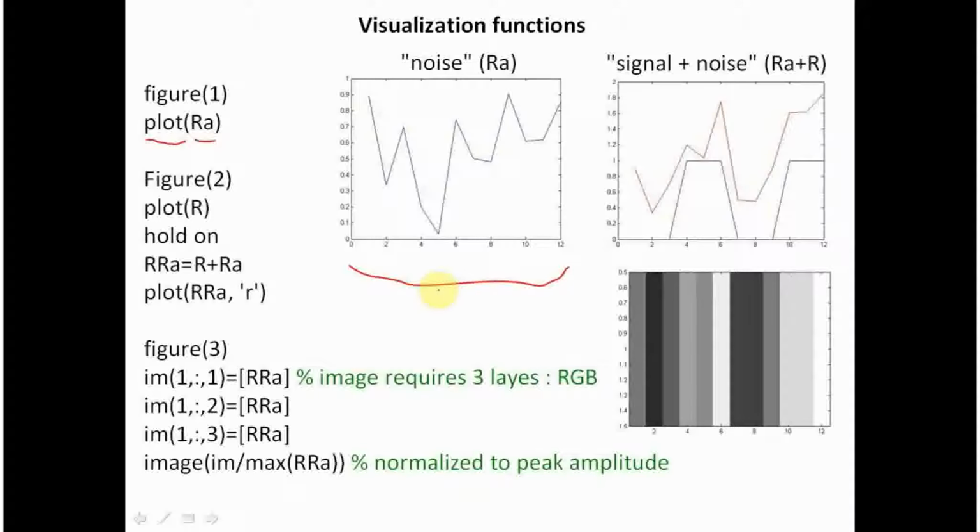Random numbers can be represented as a noise. Typically noise is random.